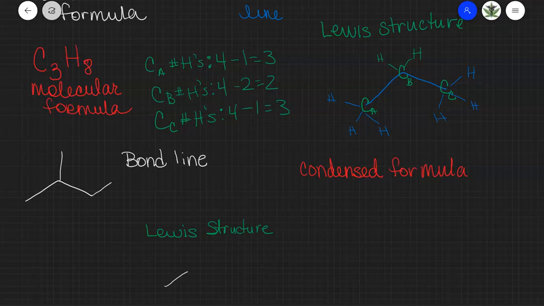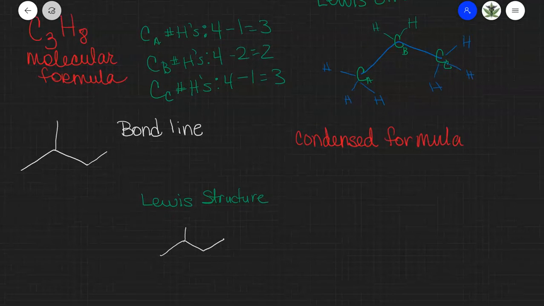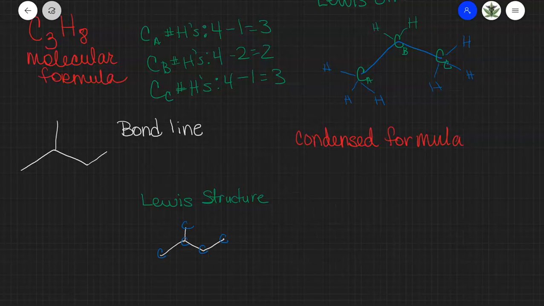I would take my bond line structure and rewrite it. Then I would go in and fill in my carbon atoms. Here's a carbon, here's a carbon, here's a carbon, here's a carbon. If it's not supposed to be a carbon, the atom would be written.